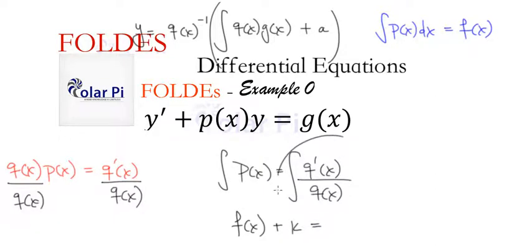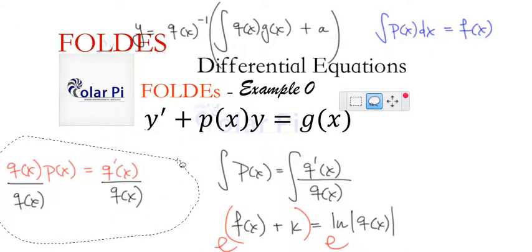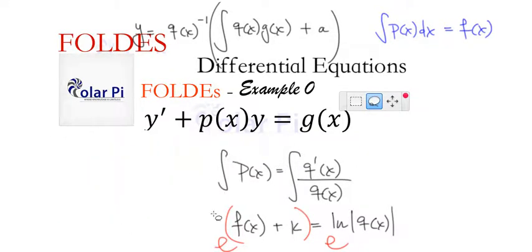Well, clearly the integral here, other than the constant, is the natural log of q of x, right? So we have the natural log of q of x, and then the constant we've moved to the left side. Now what we're going to do next is, to get to q of x, raise both sides with a base e. And so on the right side, I get q of x.